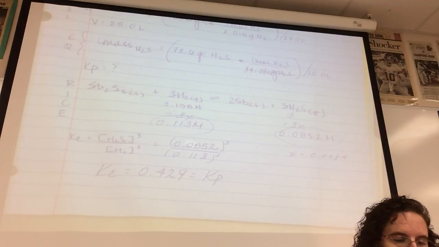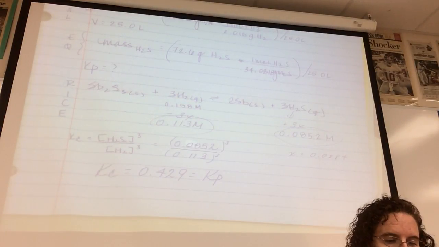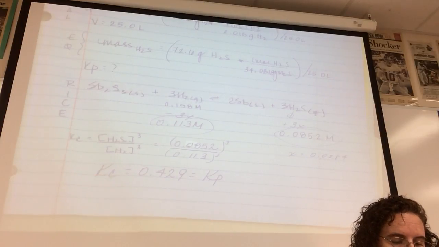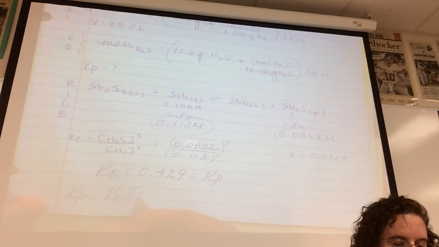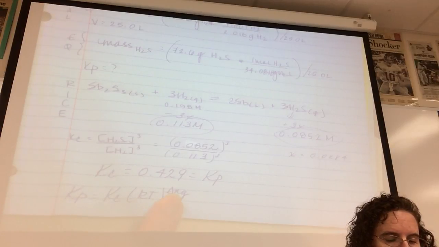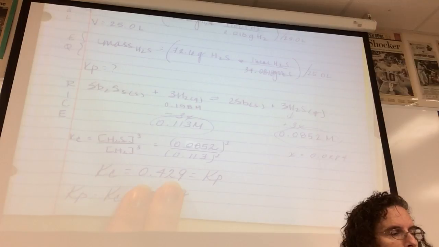You have stoichiometric coefficients here of 3, and that's all you've got for the gases. What if they weren't the same? Then they wouldn't be equal. Then you'd have to do Kp is equal to Kc RT to the delta n of the gas. But because delta n of the gas is 0 here, RT to the 0 would be 1, so you don't have to deal with that term.